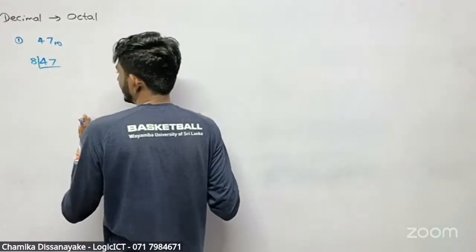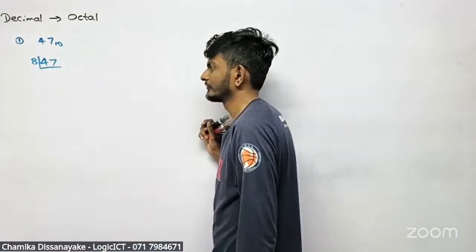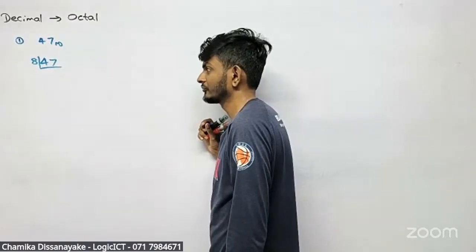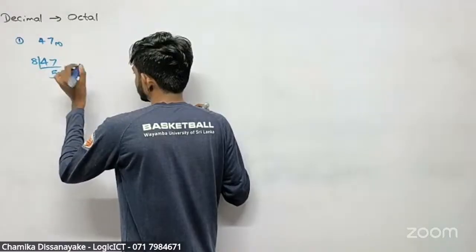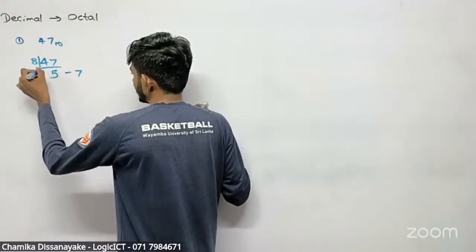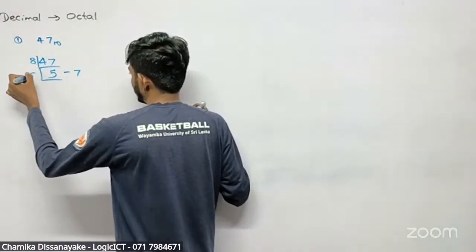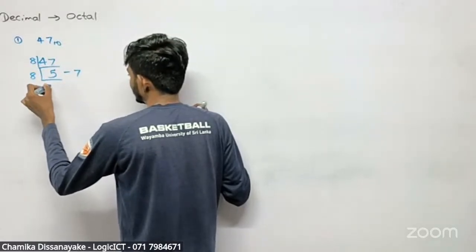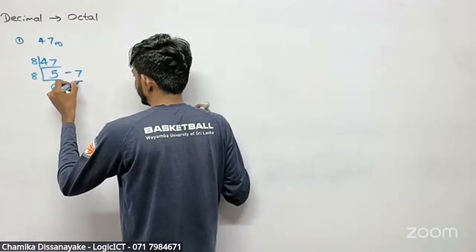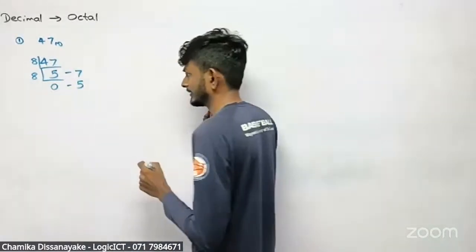For 40, there are 5, and 7 remaining. That's all. If we divide this 5 again by 8, there are 0 and 5 remainder.